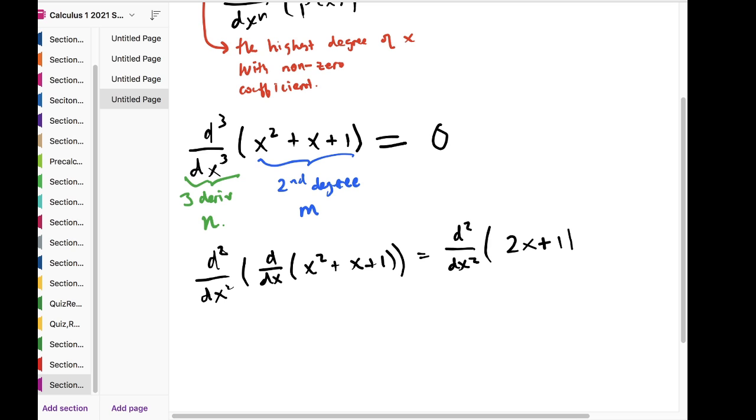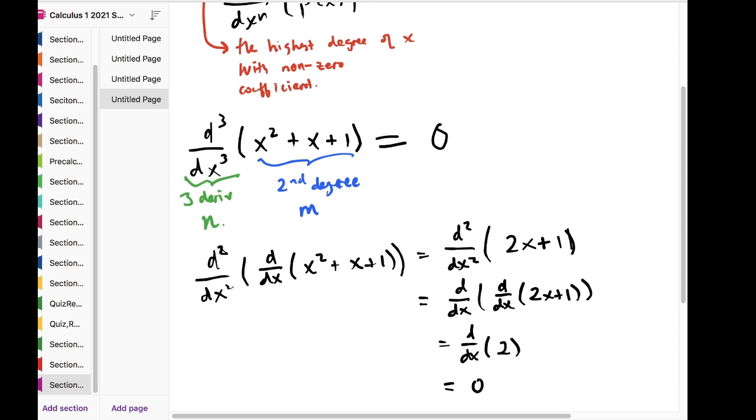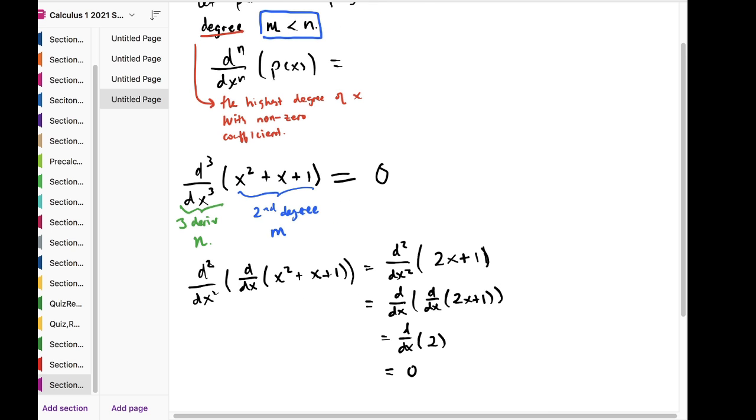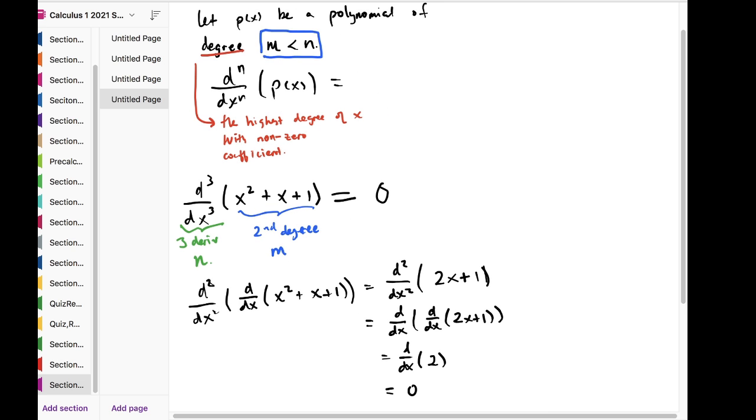So take another derivative. What's the derivative of 2x plus 1? Yep, it's 2. And then what's the derivative of 2? 0. So what happened at every stage? What happens to the degree of the polynomial at every stage?